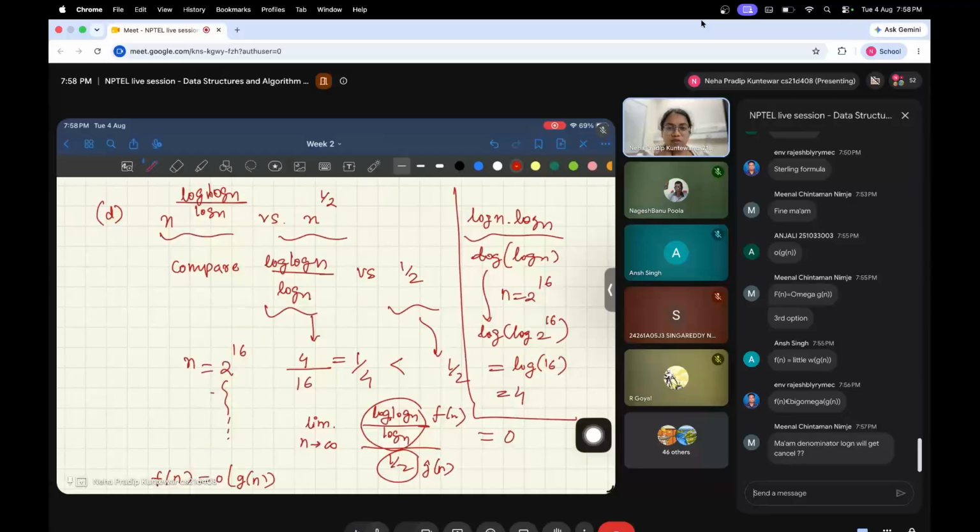Whereas if you were to use this, then your answer will be 16 times 16, which is 256. So this is a faster growing function, and what we are looking at is log n. So that's why they won't cancel off. Hope that answers.